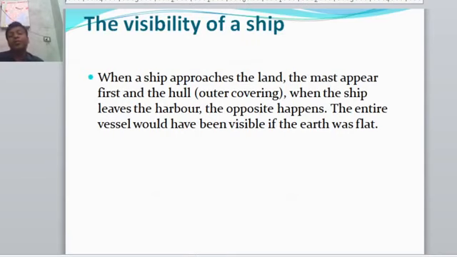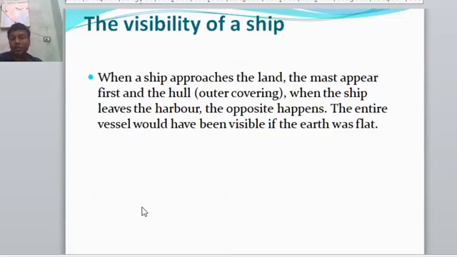If you visit a coastal area, quite often you notice that as a ship approaches the land, the mast appears first, and then the hull, that is the outer covering area. When the ship leaves the harbor, the opposite happens.